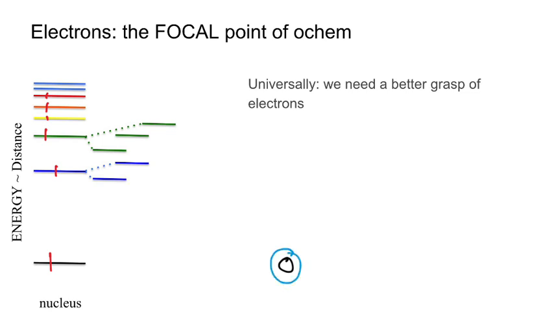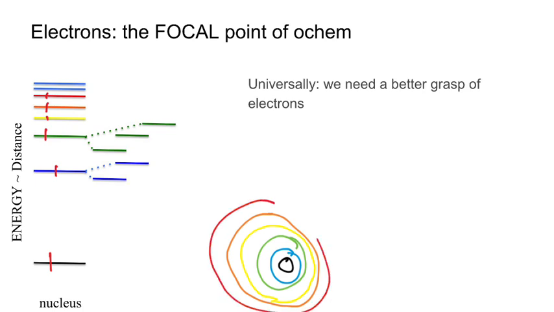There's 2. 3. Yellow's not going to show up well. There it is, yellow. Orange. And then we can drop in our red. And if I draw in my electrons, I'll switch to dots now. 1, 2, 3, 4, 5, 6.